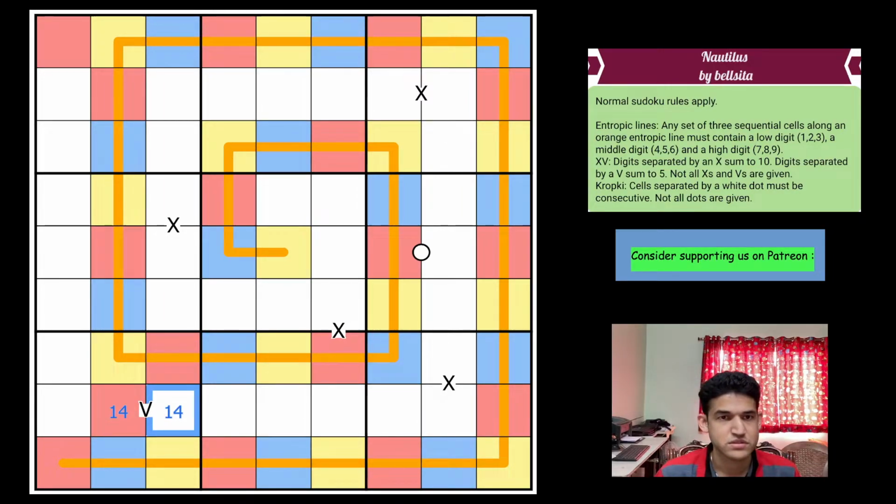Yeah. So let's look at rows or columns which would help us. So we have 3 reds here and 2 yellows. So 1 blue and 2 blues and 1 yellow is pending. Let's switch over to this box.